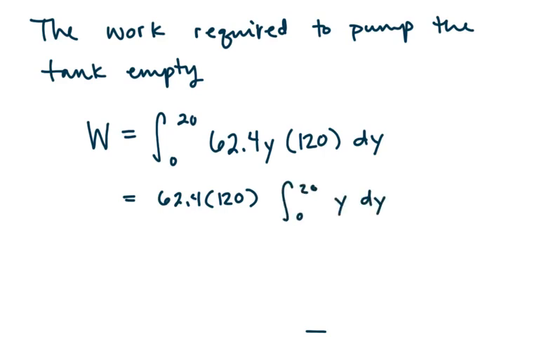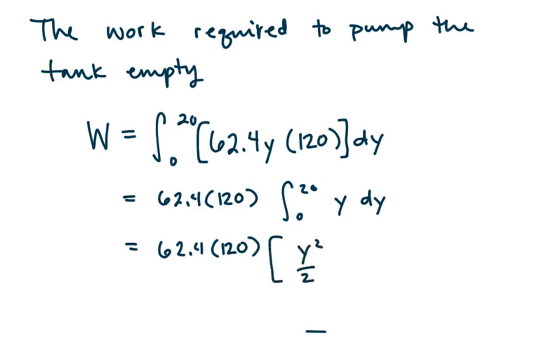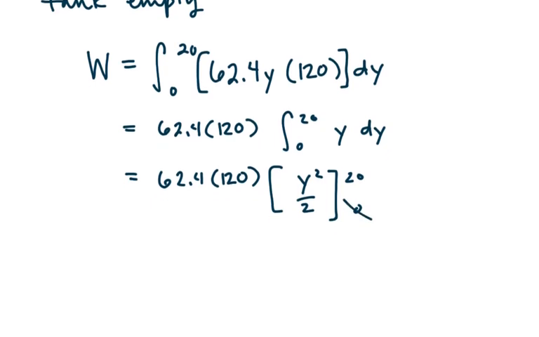It might help you to see that if we had those brackets there, with that product in the front, 62.4 times 120, integrating this is y squared over 2. And we would evaluate that integral from 0 to 20. Plugging in 0 is going to give me 0.